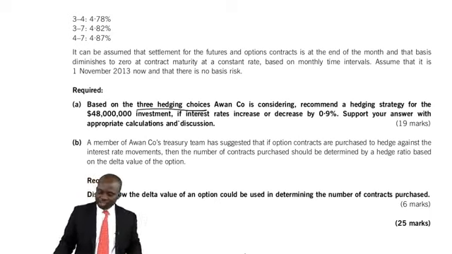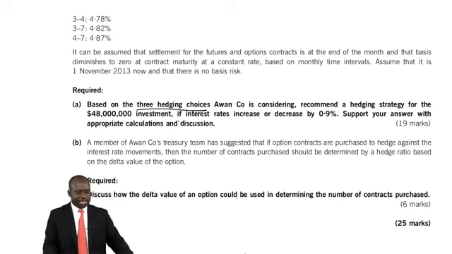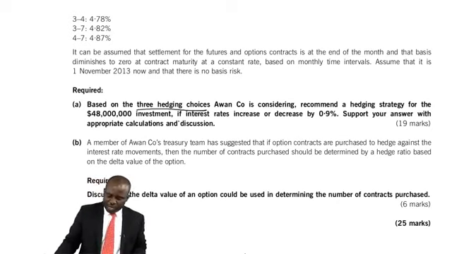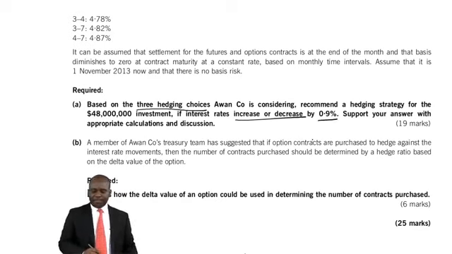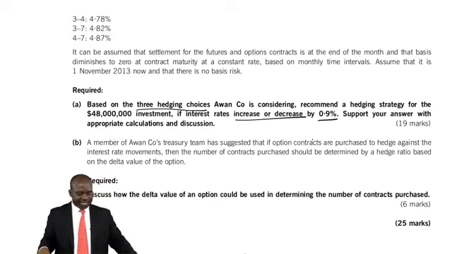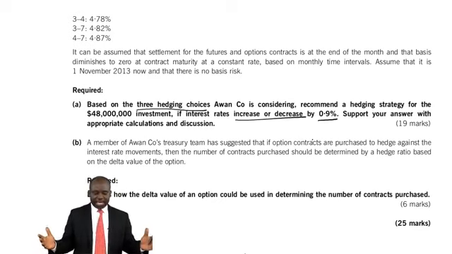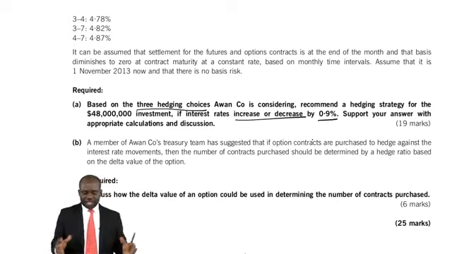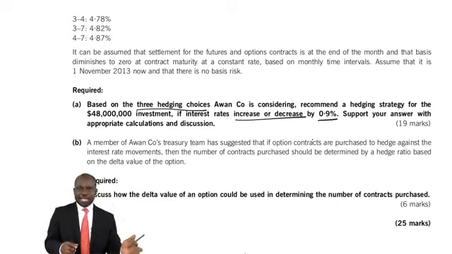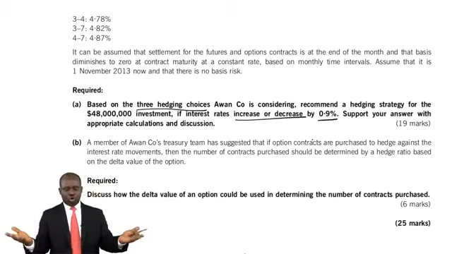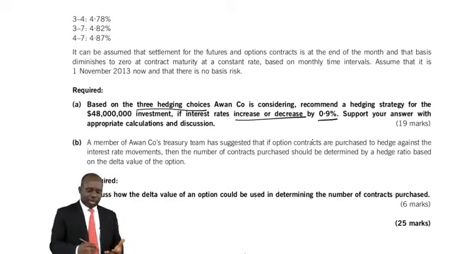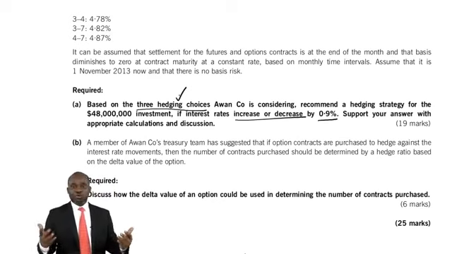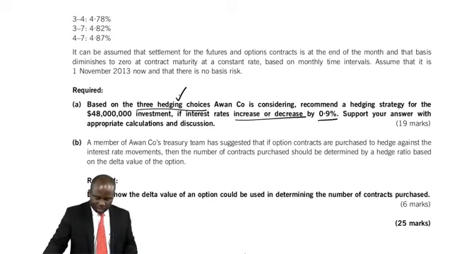Recommend a hedging strategy for the 48 million investment if interest rate increases or decreases by 0.9%. Support your answer with appropriate calculations and discussion. So the issue here is the 48 million investment, if interest rate increases or decreases, I have to show both and recommend which is the best strategy out of the 3 choices R1 Co is considering.